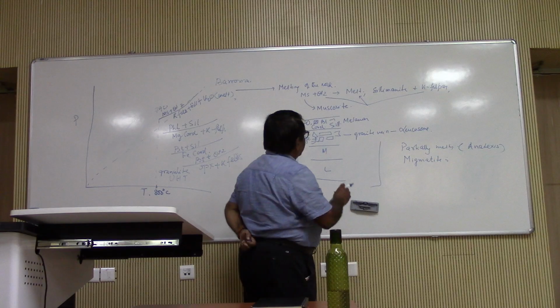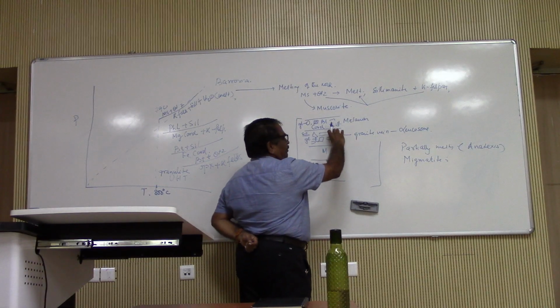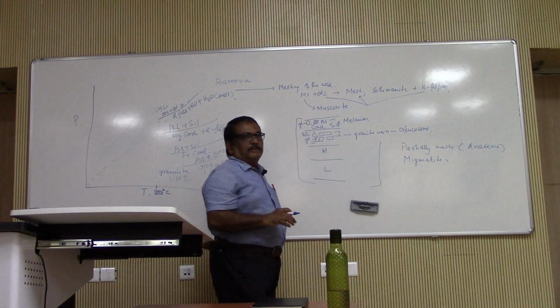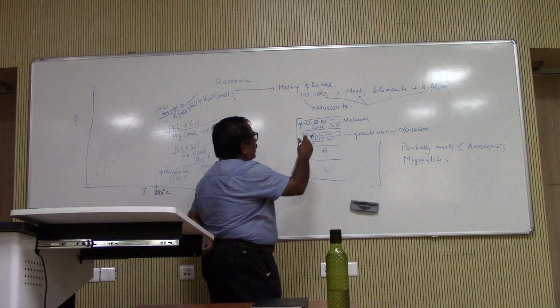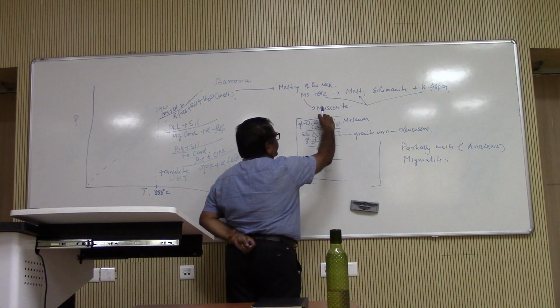Now, this melt product may become very large in proportion. So what will happen? This proportion will reduce.